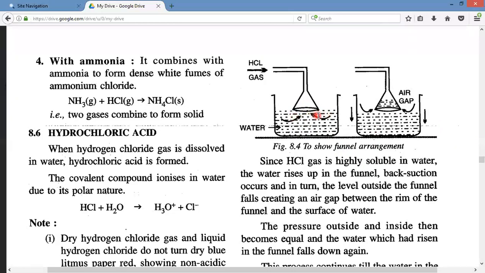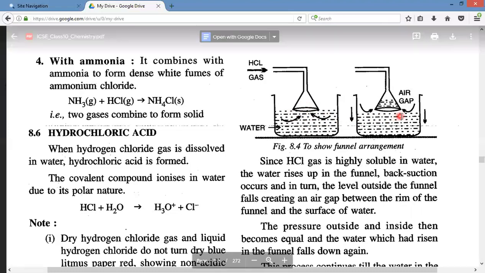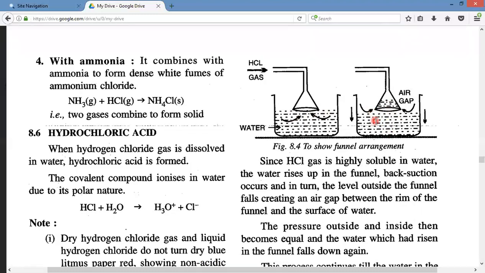This gap is created due to the pressure difference outside and inside, and it is called the air gap. The water in the funnel will come down again when the pressure inside and outside become equal.